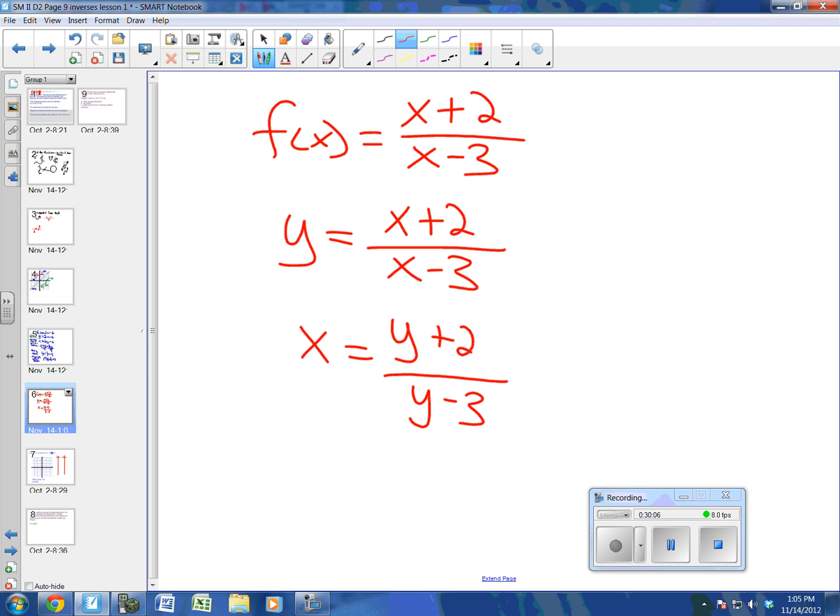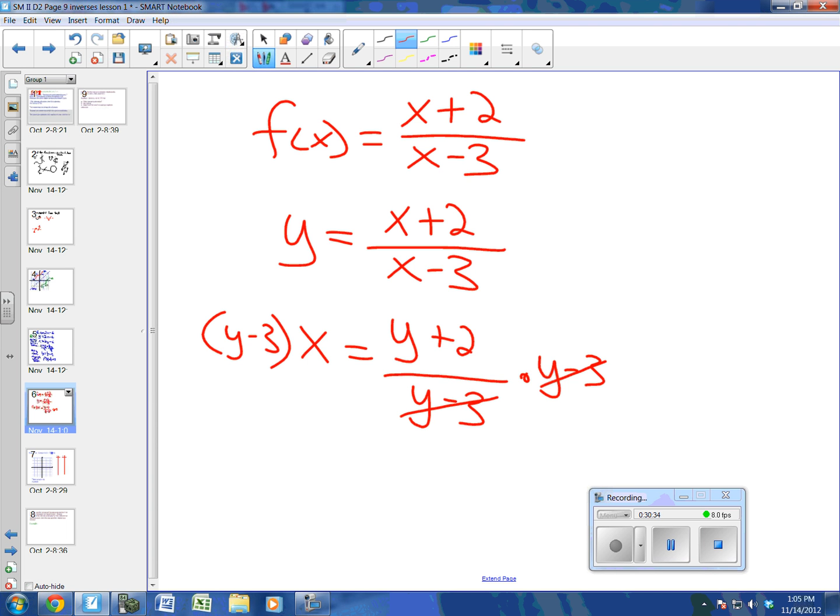Solve for y. Now this time we have two y's, right? No, they actually don't, because they're not multiplying, so they don't cancel each other out. So what we do is we have to times both sides by y minus 3 to get the y minus 3 out of the denominator.